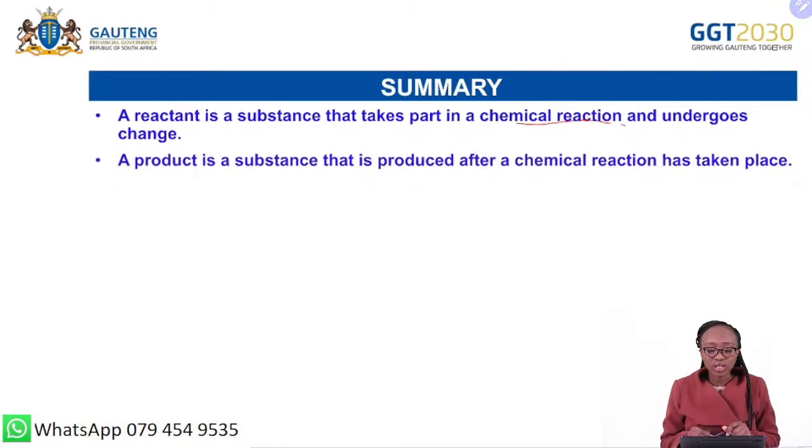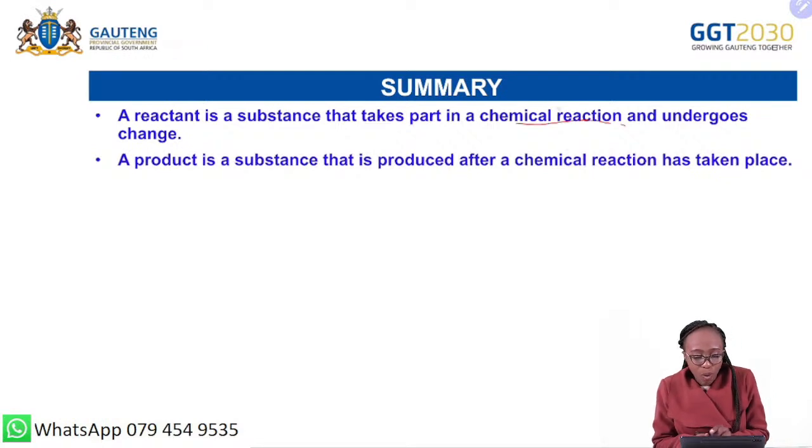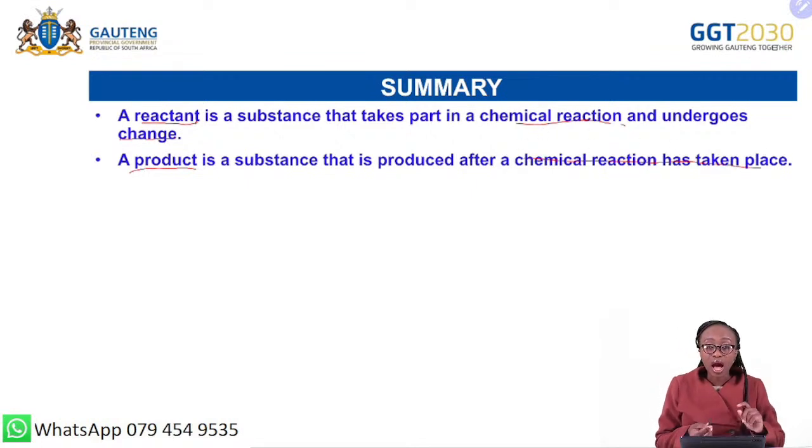We also learned about products. We learned that a product is a substance that is produced after a chemical reaction has taken place. So as soon as our reactant undergoes change, we produce a product.